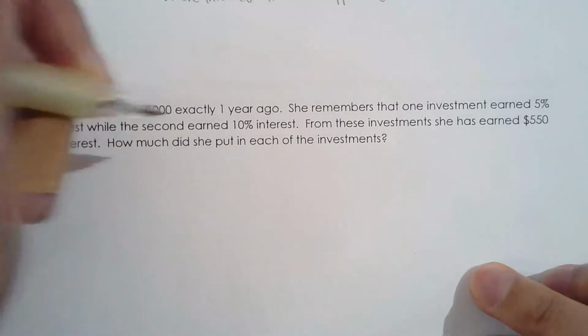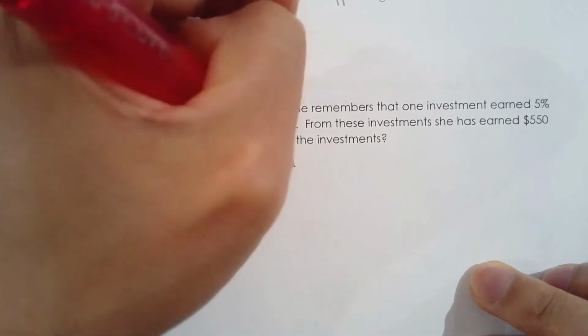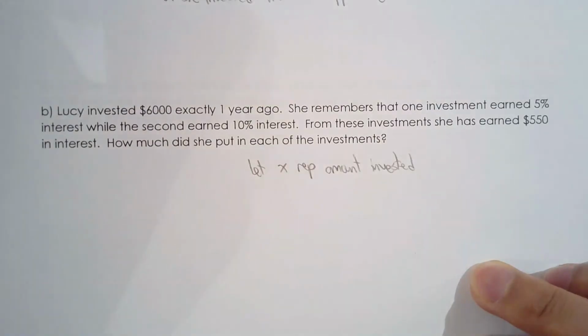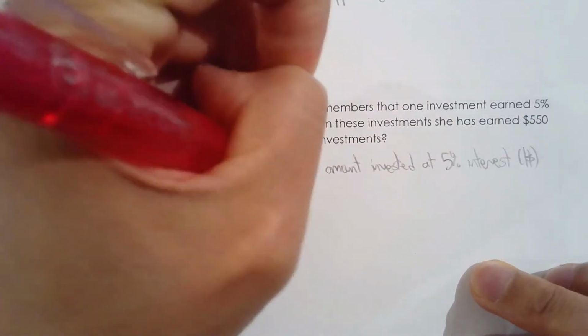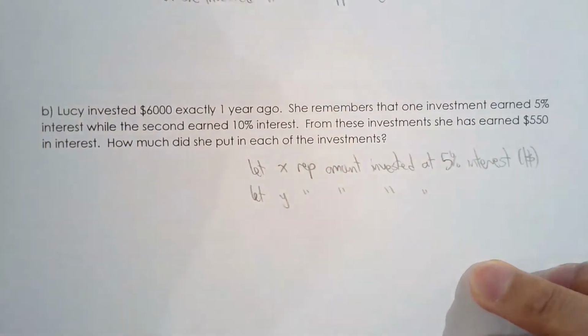So let X represent amount invested at 5% interest. Let Y represent amount invested at 10% interest.